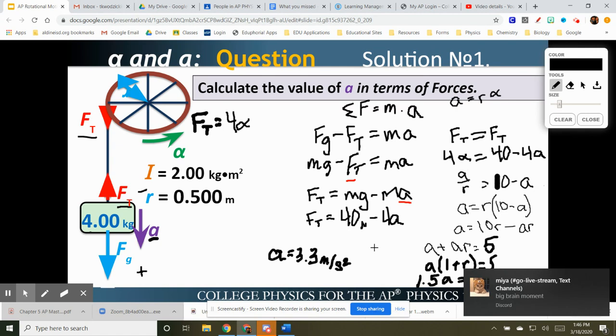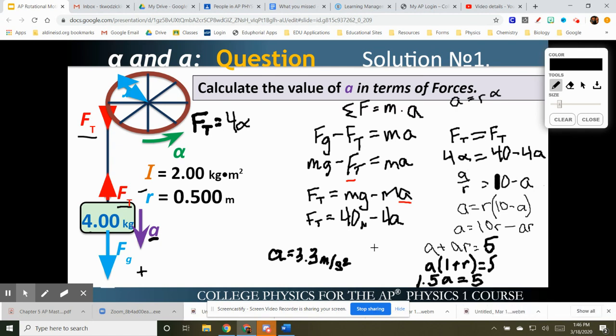Okay, so some of the takeaways here, we had to go all the way back to dynamics and remember for a system like this that the force of tension is equal between the two parts.